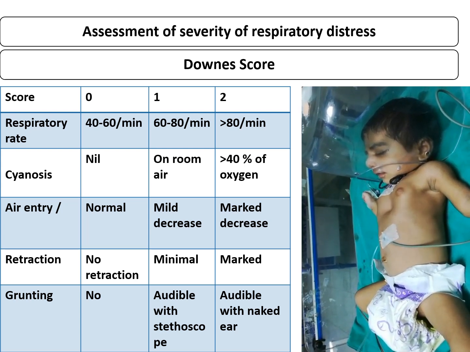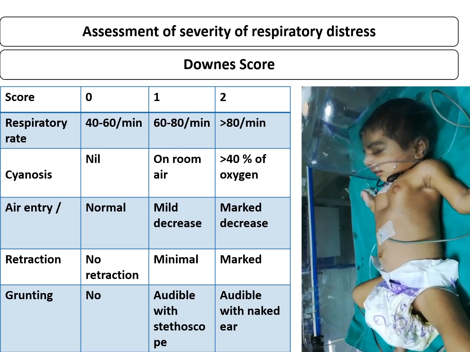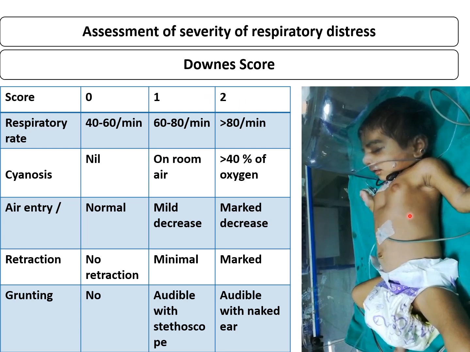Observe this baby and calculate the Downes' score. So you can hear the audible grunting sound. You can see the marked retractions are there. And respiratory rate between 60 to 80 per minute, so score for the RR 1. The patient is not having any cyanosis, so we will give 0 score.